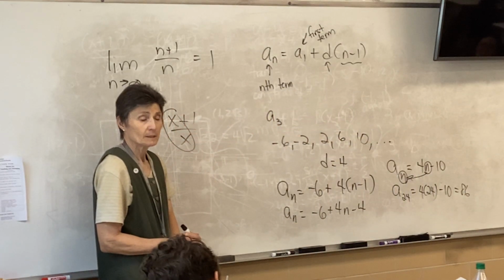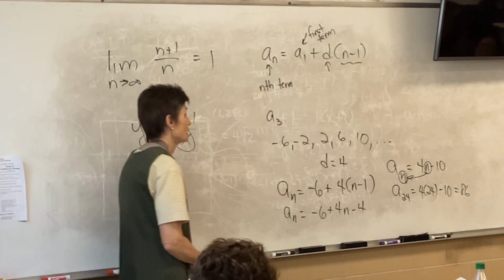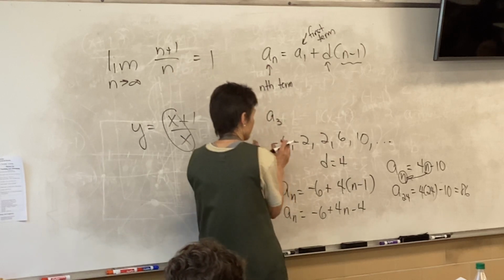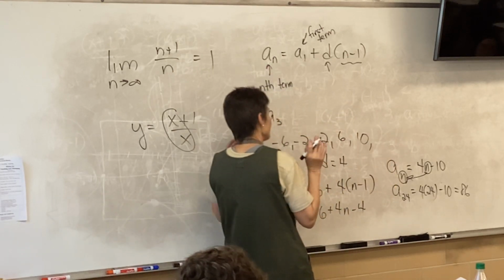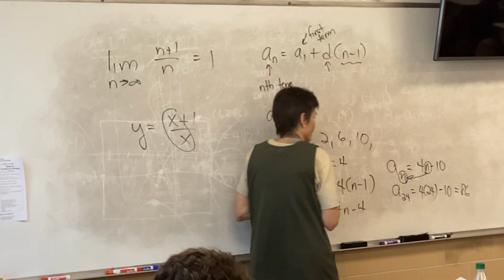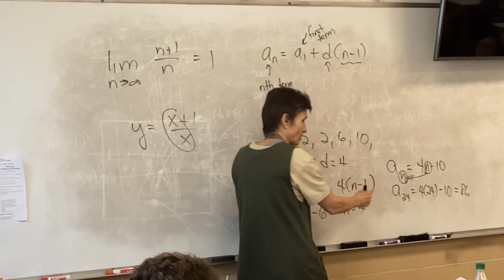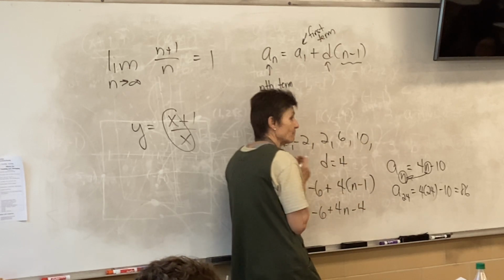Okay? Now, recursive. I want you to go back to the sequence itself. And if I said, Julia, tell me the next term, you probably wouldn't mess with a formula. What would you do to find the next term? I would add 4.